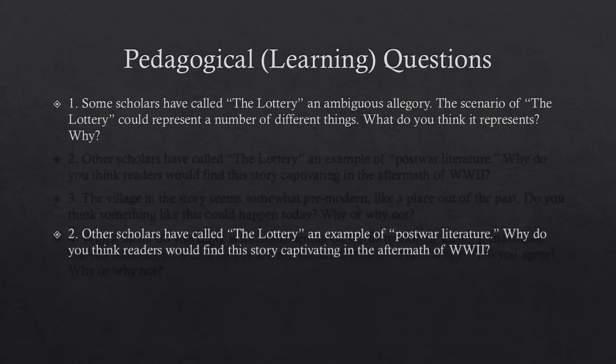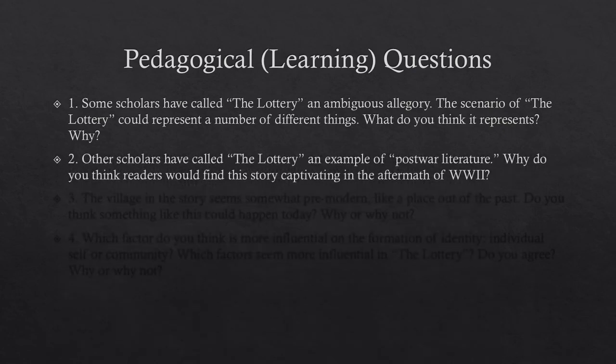Another option would be to think of something else I mentioned from the start of the lecture, which is that this story was composed just 3 years after the end of World War II, so it was an example of post-war literature. And this is a part of history we're probably all at least somewhat familiar with, especially if you're interested in this time period. You could think about this question. Why do you think readers would find this story captivating in the aftermath of World War II? World War II is a cataclysmic global event.